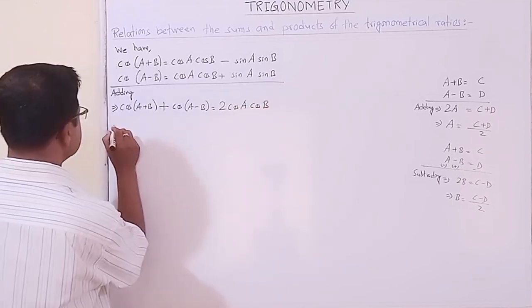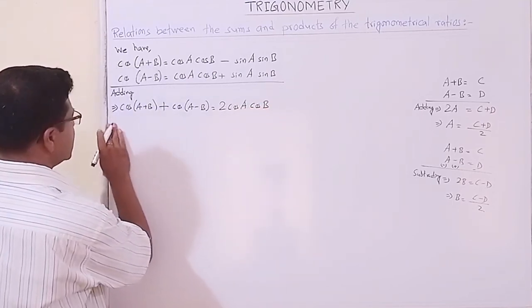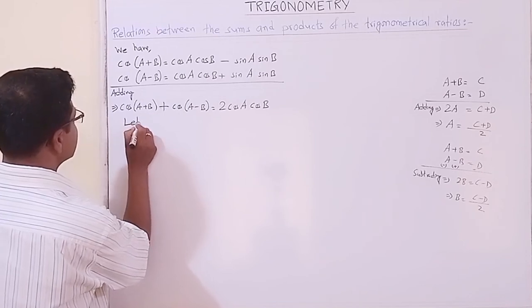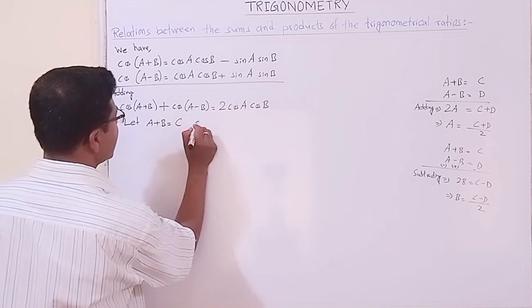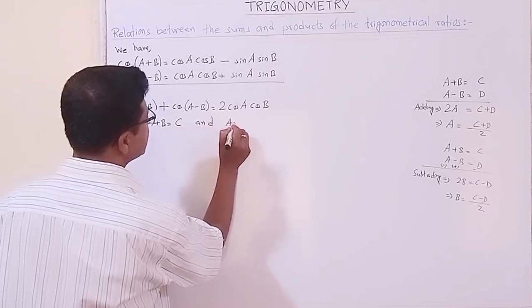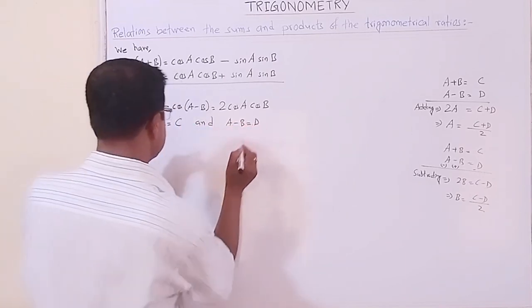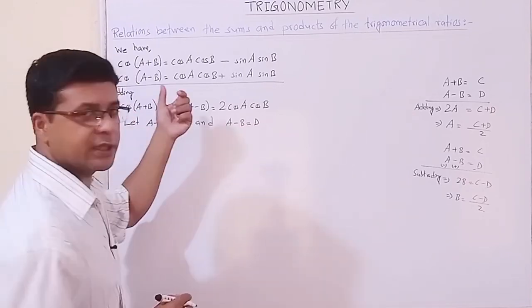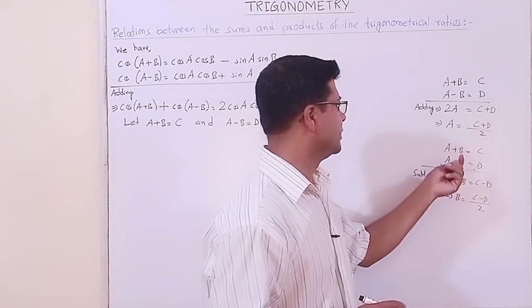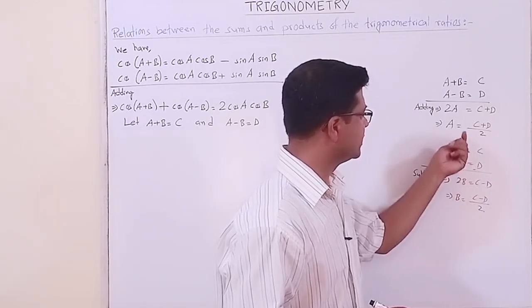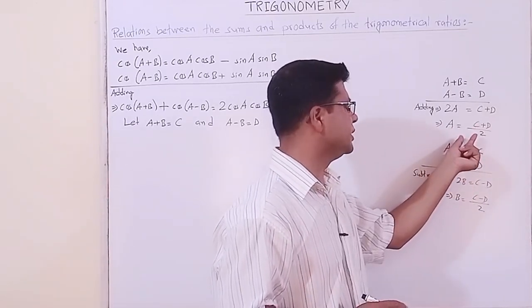Now let us consider, just like the previous one, A plus B equal to C and A minus B equal to D. In this way we consider, and then we solve here. You may think why this part is here, because this is needed.